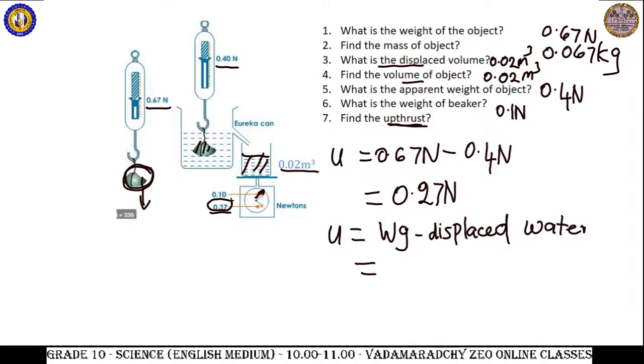So the weight of displaced water is 0.37 minus 0.1, which is 0.27 Newton. So, in both instances, we get the same answer. So, upthrust we can calculate in two ways: upthrust is equal to real weight minus apparent weight of the object, or by the Archimedes principle, from the weight of displaced water.